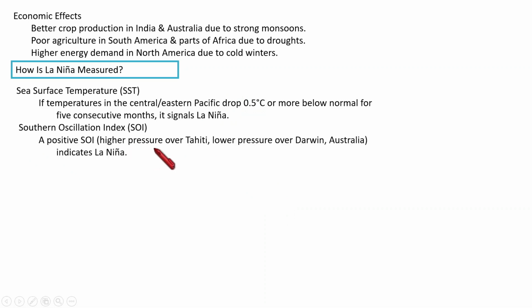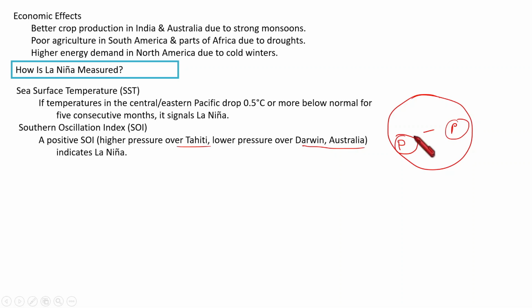Southern Oscillation Index. By checking the Southern Oscillation Index also, we can recognize whether it is La Nina or El Nino. We have seen that by understanding the pressure difference between Tahiti and the Australia, Darwin region, a difference of these two pressure areas.